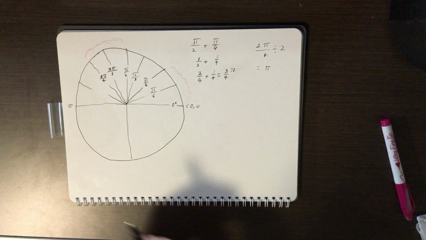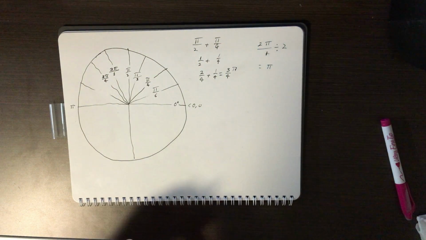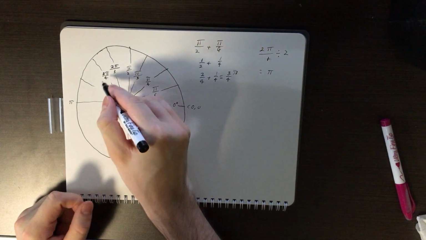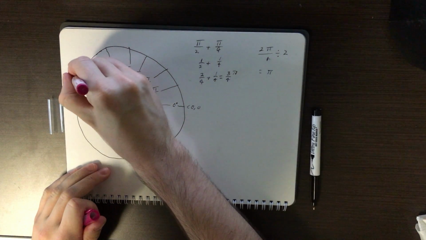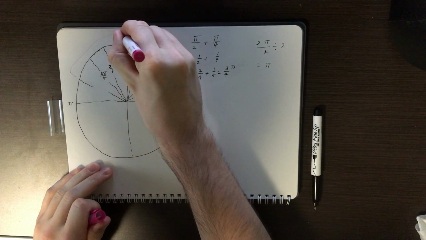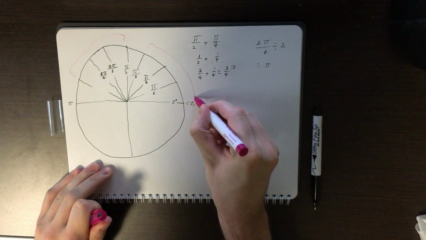And now we've done that, we can do the next section. This section right here is this distance here, which is the same as this distance right here.